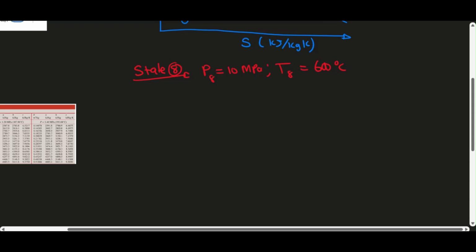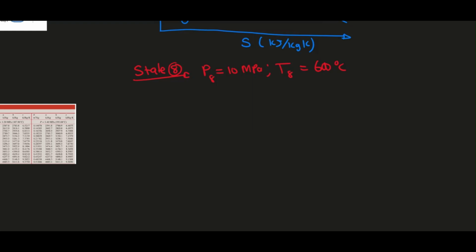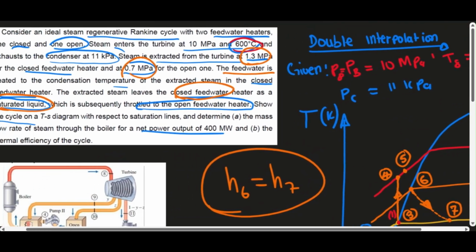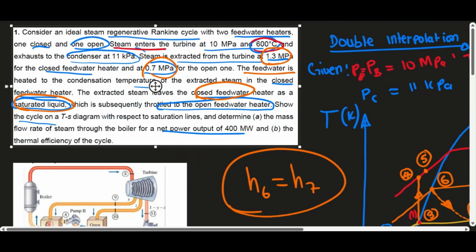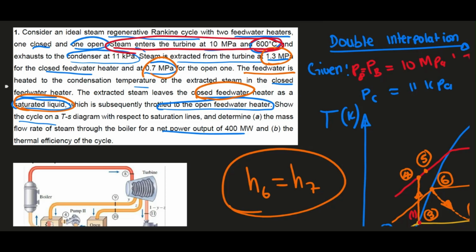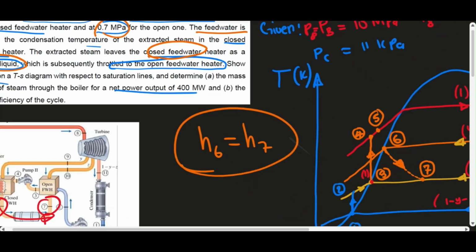Now, if I did not know that this was steam, then I would go to my saturated liquid table and do the checking. But reading the problem statement, I am told that steam is entering a turbine at 10 megapascal and temperature 600 degrees Celsius. So this right away is steam, and water at 600 degrees Celsius is no longer water, it's vaporized.